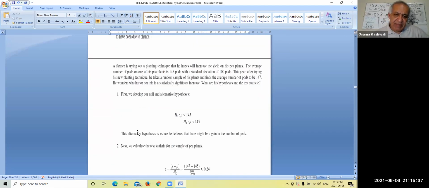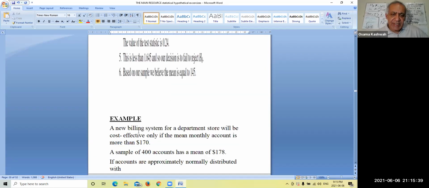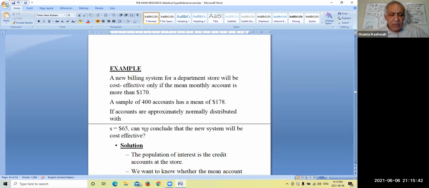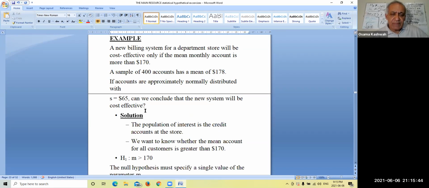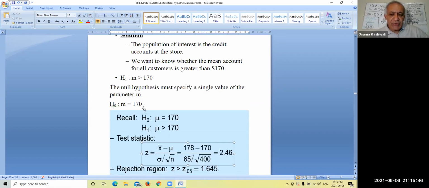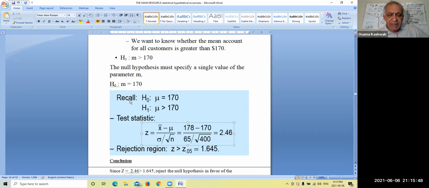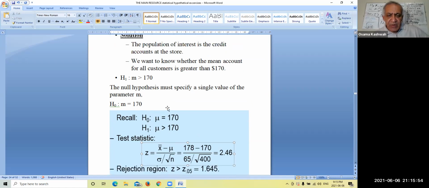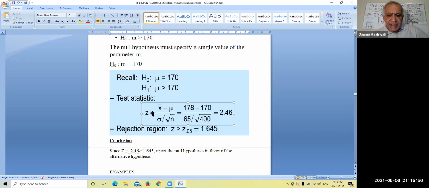We finished the example about the height of the nurses, and we have another example about the formulation of H0 and H1, where H1 means greater than 170. Then we calculate Z, because we have sigma and n is 400, which is more than 30.